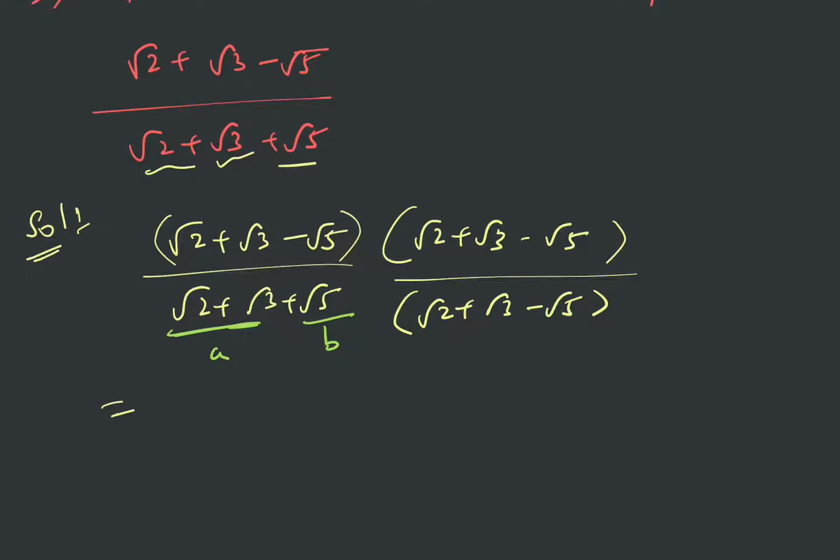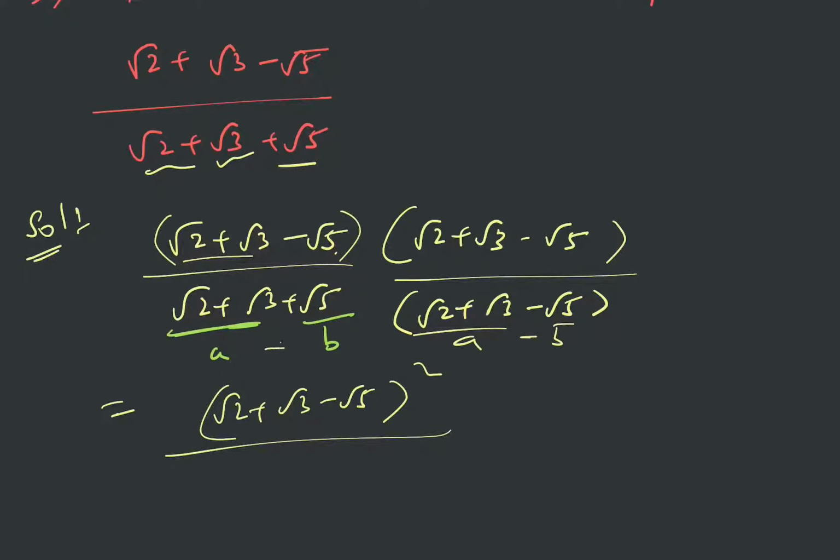So now you see, this is root 2 plus root 3 minus root 5 whole square, and this is a plus b into a minus b, right? So this is a square minus b square.